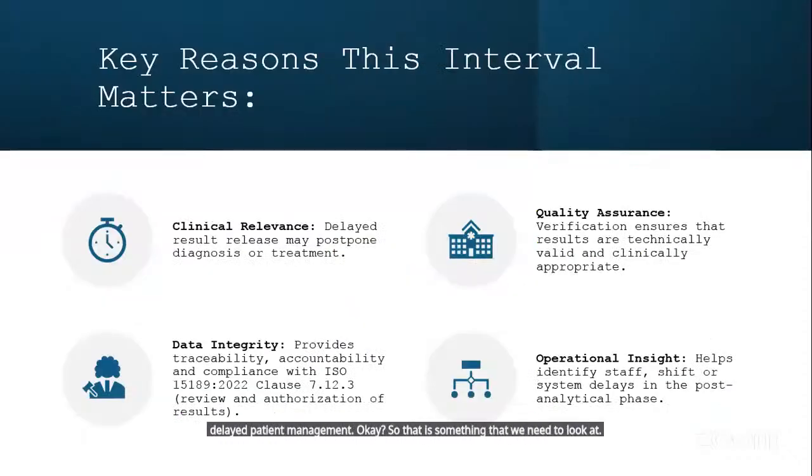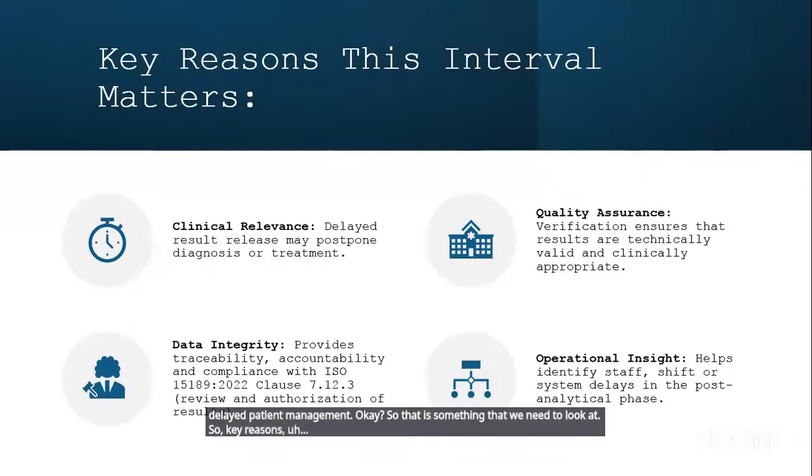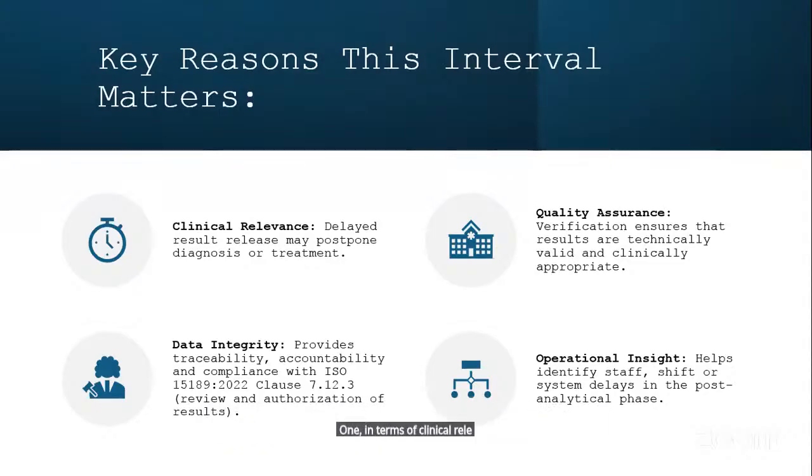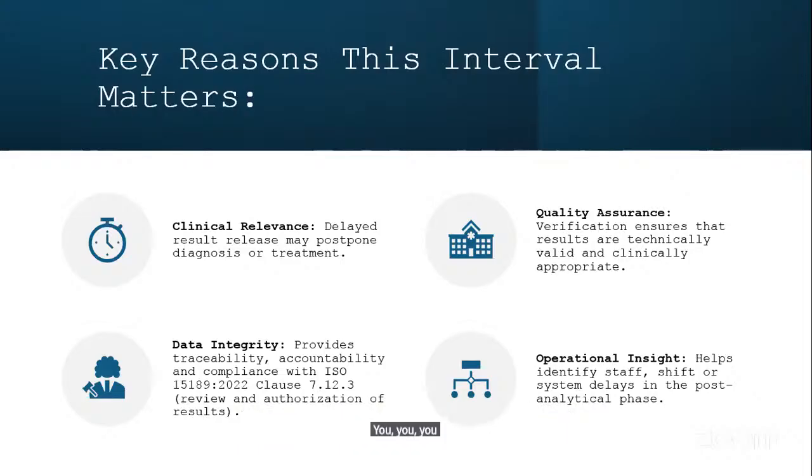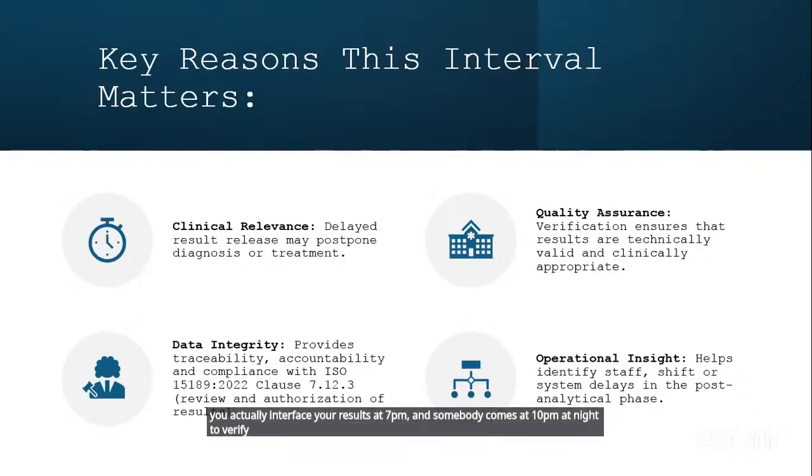So key reasons this interval actually matters. One, in terms of clinical relevance, delayed result release may postpone diagnosis or treatment for a patient. I've just given an example. If you interface your results at 7 p.m. and somebody comes at 10 p.m. at night to verify those results, that is delayed.